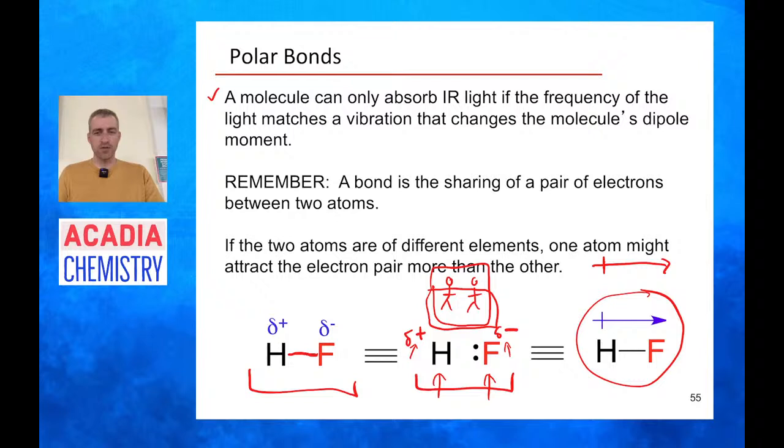So that's the positive end of the dipole. So many bonds, in fact, almost every bond that forms between two different atoms will be polarized either towards one atom or the other. It'll be whichever one is more electronegative will have more of the electron pair around it. It'll develop a partial negative charge.